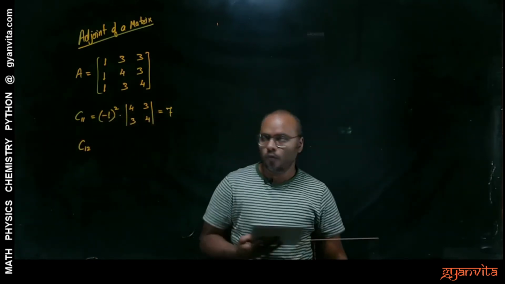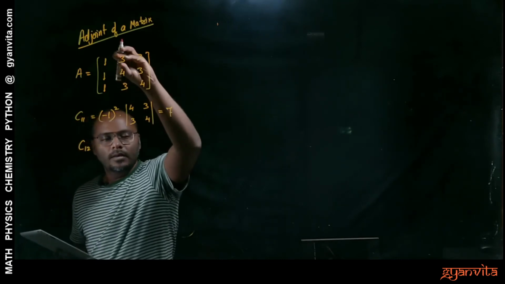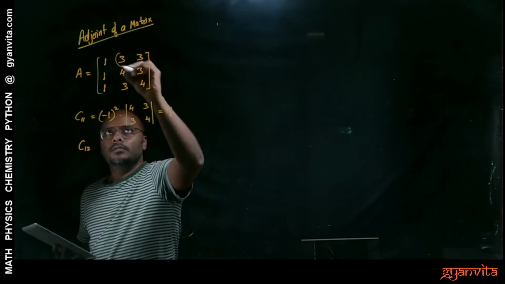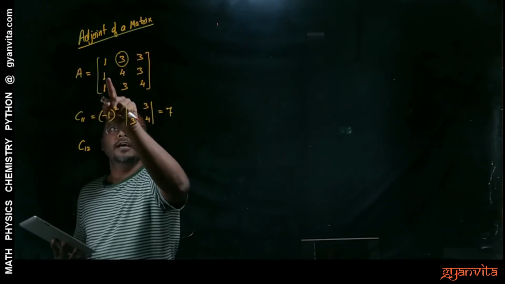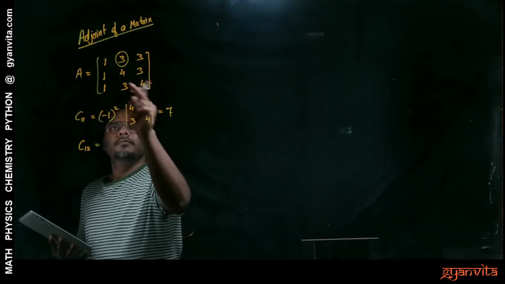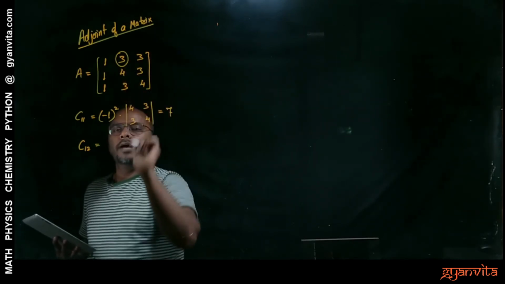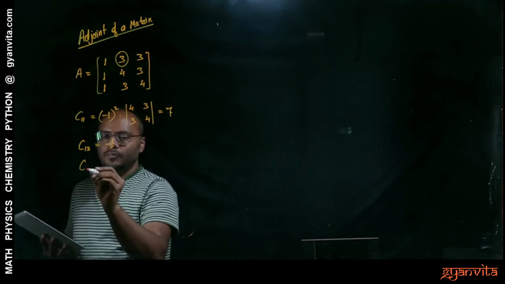So cofactor 12 means this 3. This position, first row, second column, leave that, you will have 1 3 1 4, so that will be 4 minus 3, 1, and into minus 1, so that will be equal to minus 1, right? Let's move to the next, that is C13.